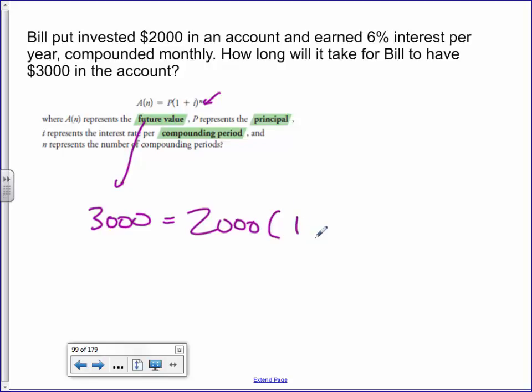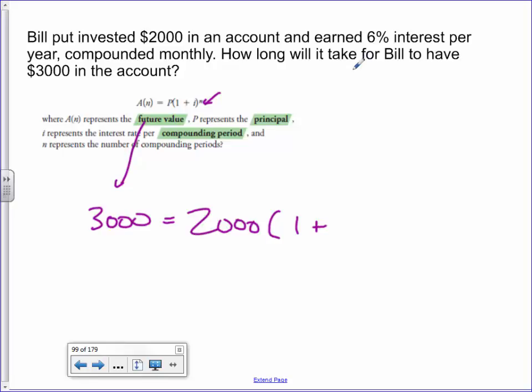Then we need 1 plus I. I is the interest rate per compounding period. Here's the issue. You get 6% per year, but they give you interest once a month. So if you get 6% in a year, how much do you get in a month?